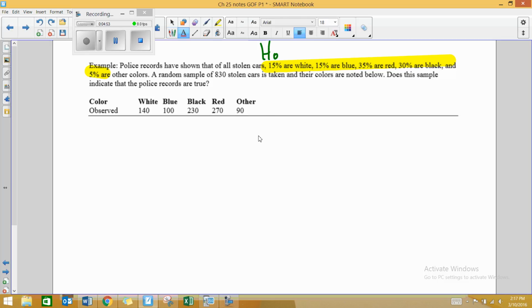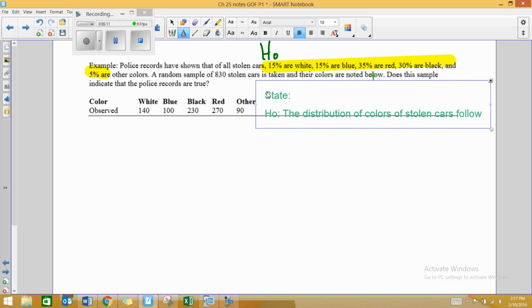The null hypothesis is that the distribution is what we think it is. So the distribution of colors of stolen cars follows the distribution in the police records.